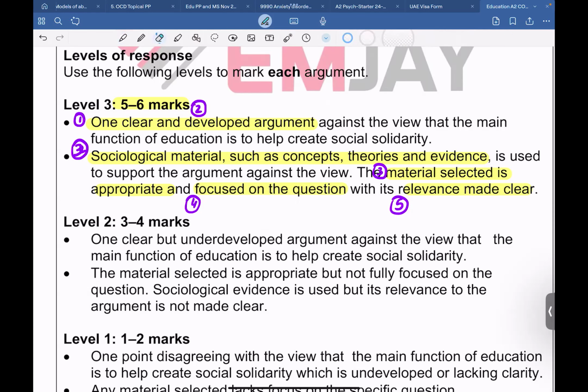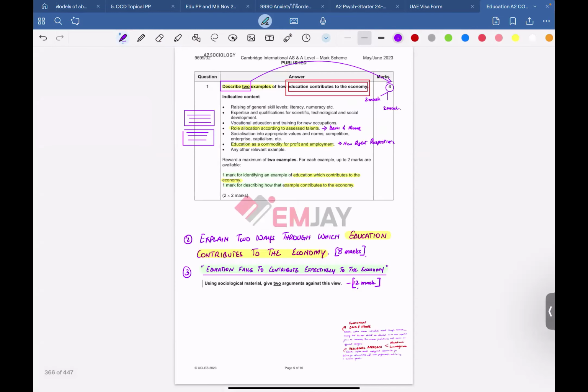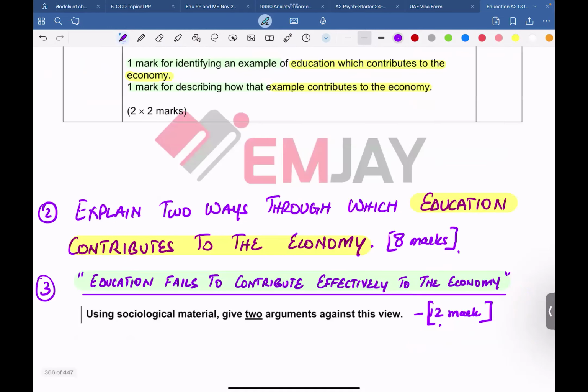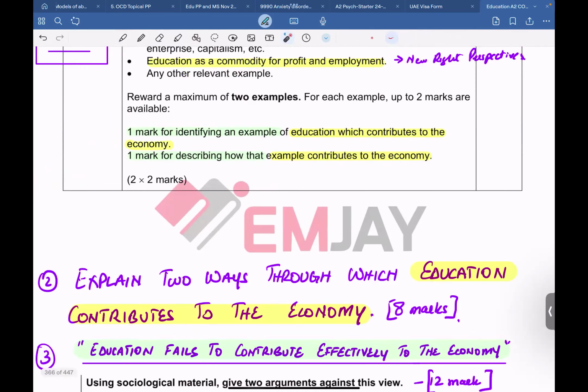The selection of sociological material being appropriate, you can turn this into the fourth. While you're writing, your focus should be on the question. This is the fifth, and the sixth is the relevance made clear. So the point I'm making over here is the very same statement can be put to use. The content that you receive beneath this very same statement could be put to use in different ways.